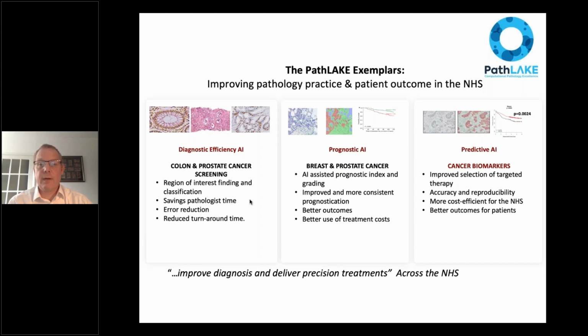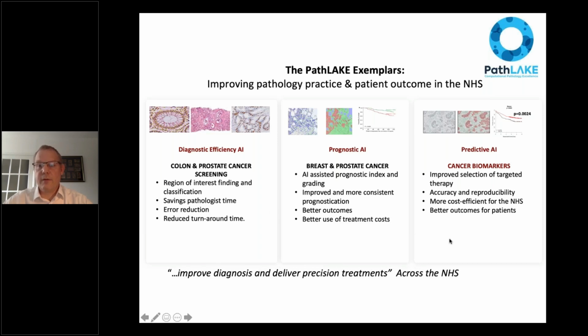We've been looking at tools in prognostic AI, particularly in breast cancer, to predict which patients are likely to progress and therefore enable us to personalize delivery of chemotherapy to those patients at particularly high risk of progression after the disease has been initially excised.